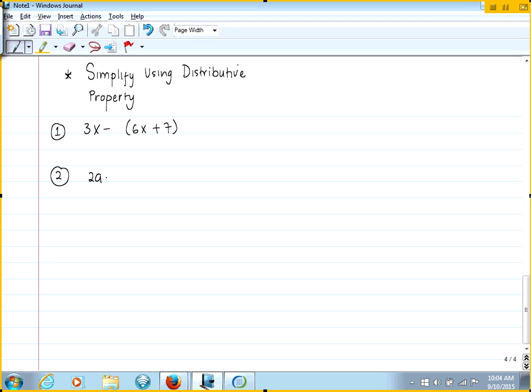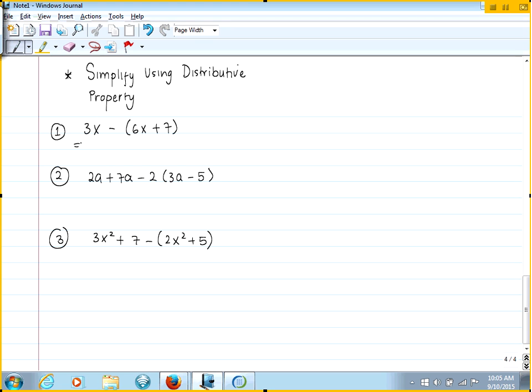Number 2. 2a plus 7a minus 2, 3a minus 5. Let's do this one. And then number 3, 3x squared plus 7 minus 2x squared plus 5. Alright, so what do I do here with the minus?